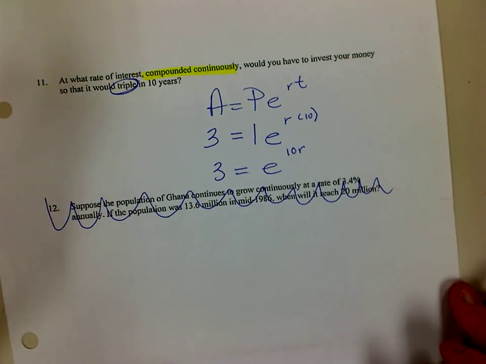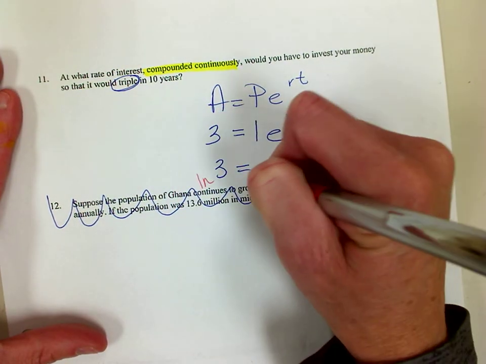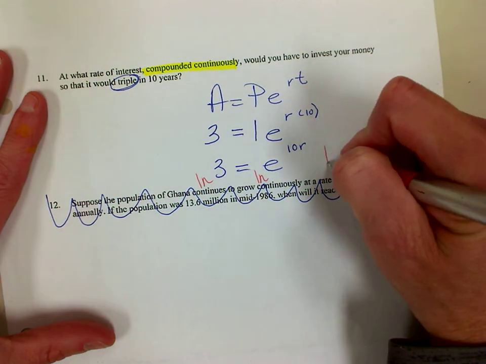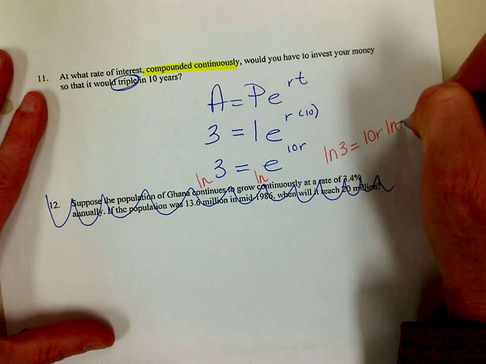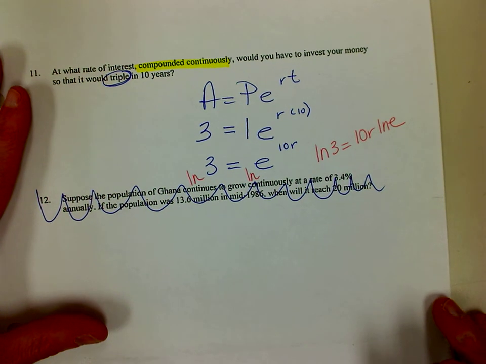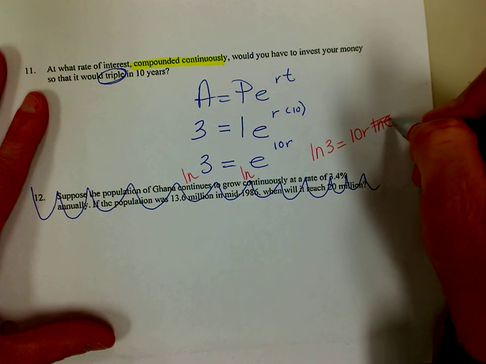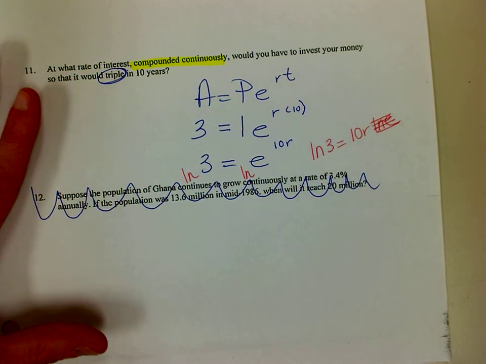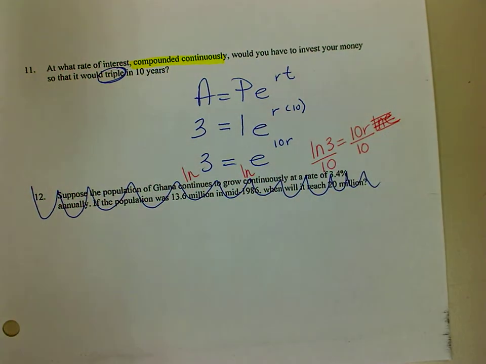Anyway, if I have a variable in my exponent, I have to put a natural log on both sides, because what that does is that allows my exponent to drop down to the front. And then the natural log of e, that's 1, so I can just make that go away. And then I have to get rid of the 10 by dividing the 10 over.